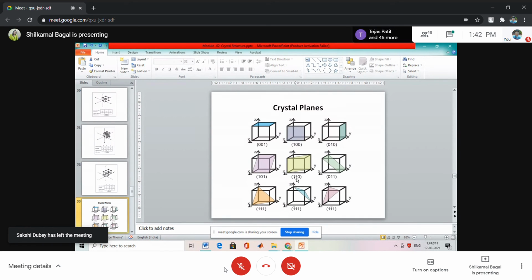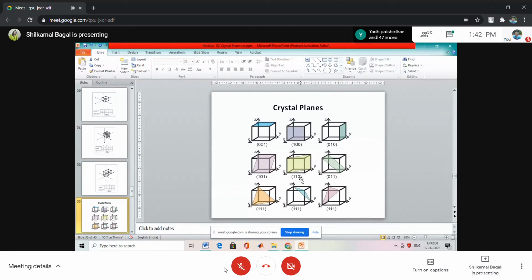Miller indices are nothing but reciprocals of the intercepts reduced to integers. So if we take reciprocals of the Miller indices, they will be nothing but the intercepts made by the plane. So if Miller indices are given, then by taking reciprocals of those indices we get the intercepts, and by marking that much intercept with the crystallographic axes, we can draw the given plane.